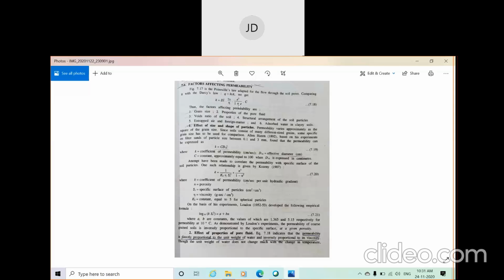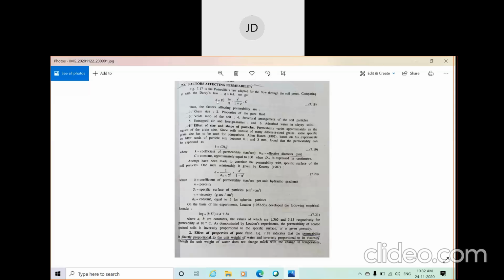Even the formula is not important, but why I have mentioned it here is that if you can remember this formula, that is the value of K is equal to Ds square multiplied by gamma w by eta multiplied by e cube by 1 plus e multiplied by C, you can indirectly memorize the factors affecting permeability.